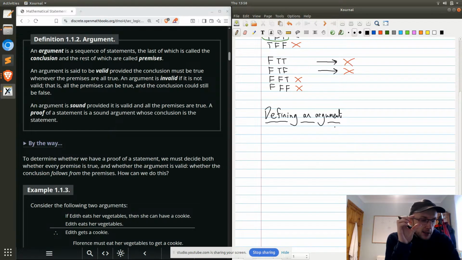Okay, so I get that an argument is a sequence of statements which are called premises, and the last statement is called the conclusion. I get that. An argument is said to be valid provided the conclusion must be true whenever the premises are all true.